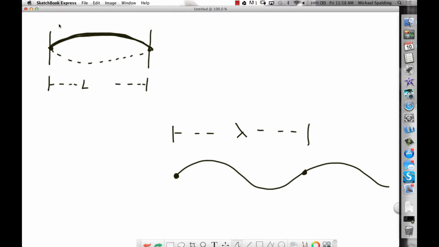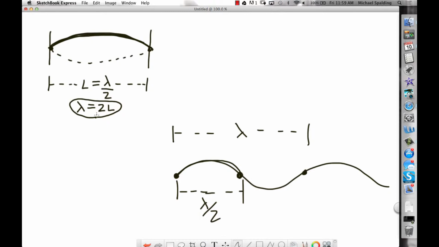It goes boom to boom. How far would that be? That is exactly half of a wavelength, wavelength over 2. So in this case, L is equal to wavelength over 2. So what's the wavelength going to be equal to? 2L, where L is the length of the string.